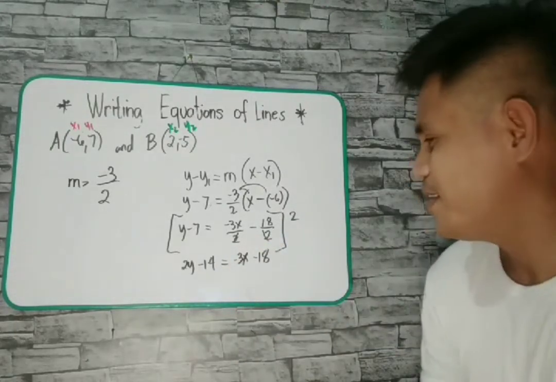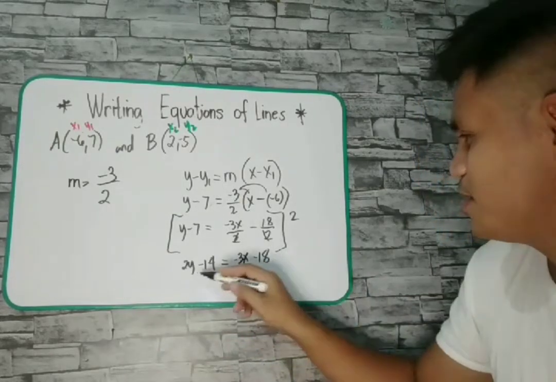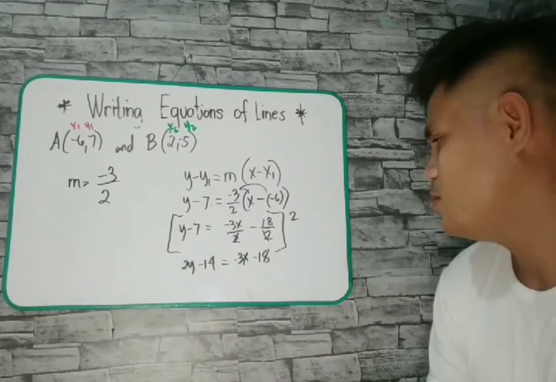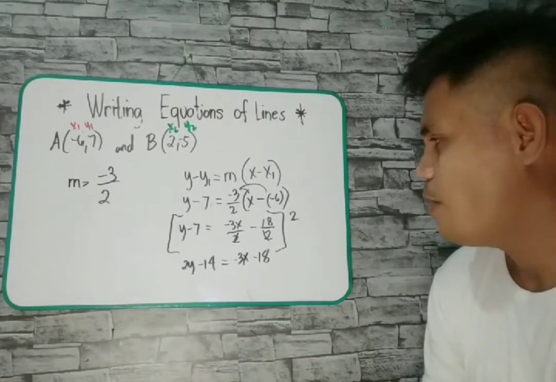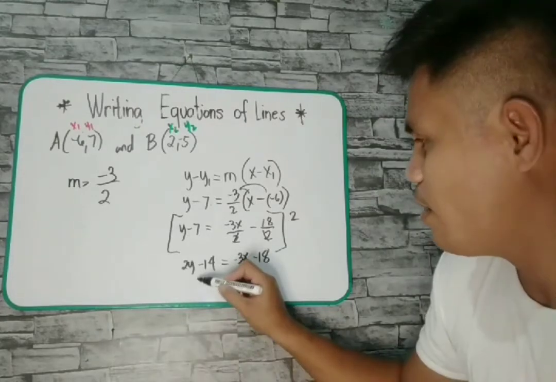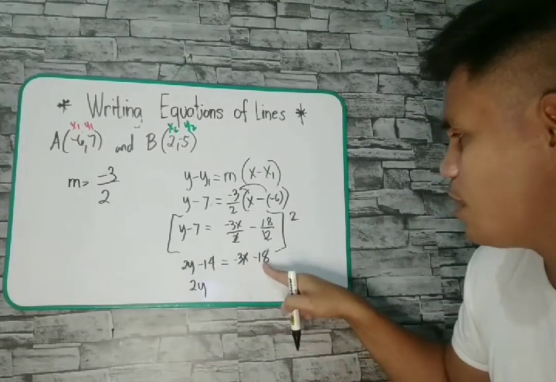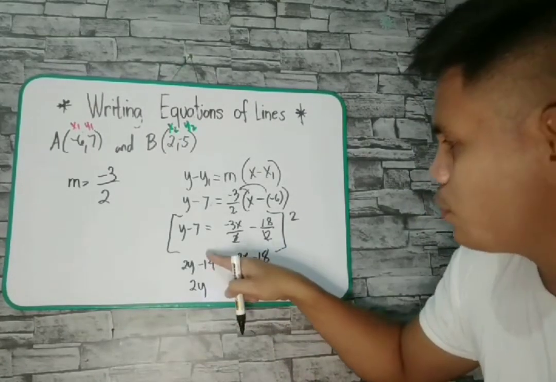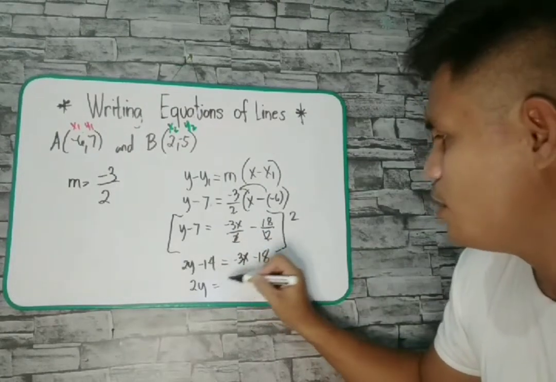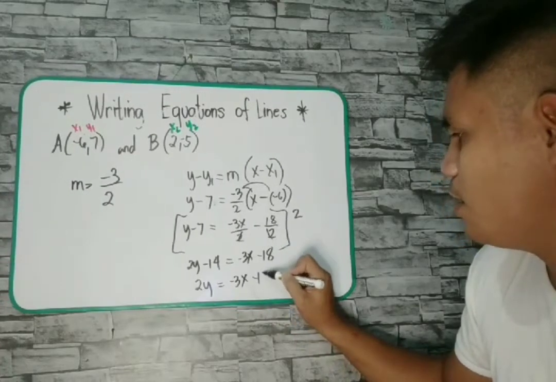Now that we have this equation again, all we have to do is to simplify it by combining all the like terms. So we have 2y here. This is a constant number, and we also have a constant number here. So we have to transpose this negative 14 to the right side. Meaning to say, we have to copy negative 3x, negative 18.